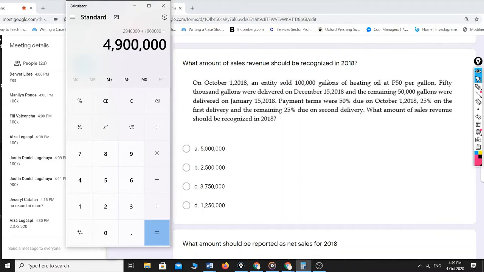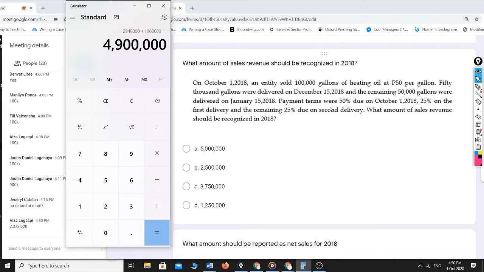So, sales revenue. When should we recognize the sales? Generally, we should recognize sales the moment nabaligya na siya, on what particular period or asa siya nga year na baligya. Okay?